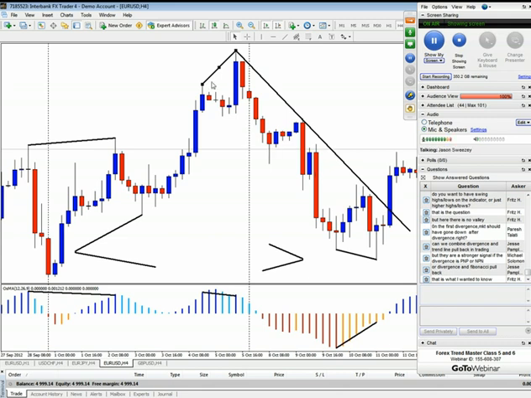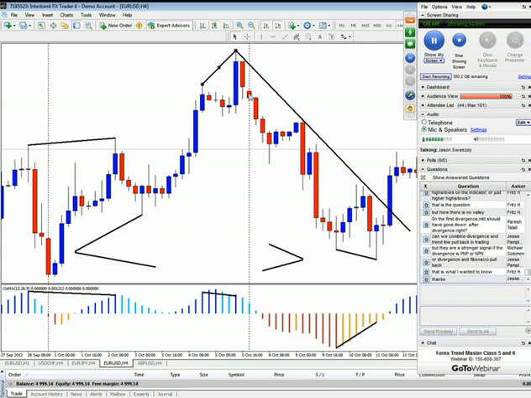The divergence is your ultimate point to get in from the top, and if you miss that, then along the way you'll be looking for the trend line pullbacks or the Fibonacci pullbacks to get in.